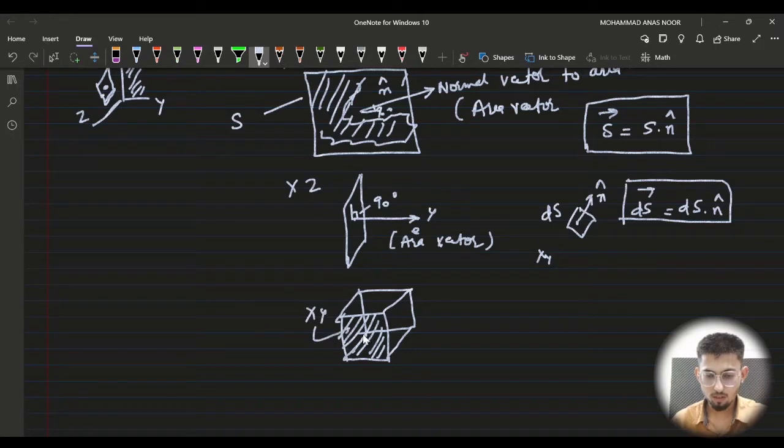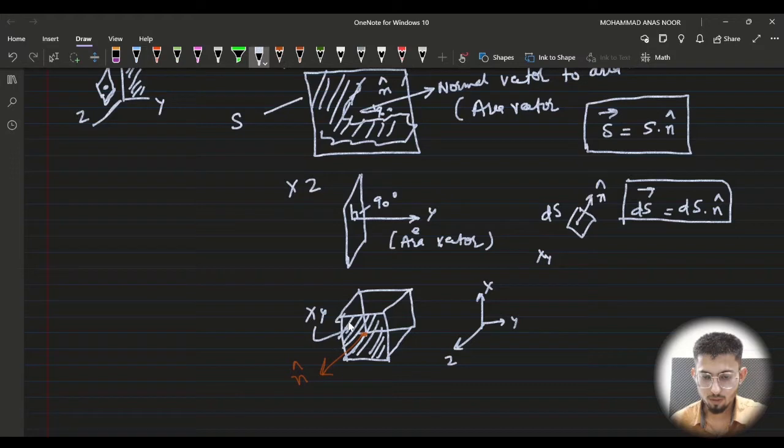So the normal to it will be z cap, like this, right? Oh wait, it won't be z cap. This is z, so x, y, z. Cannot draw it, so we have to zoom it. So this is z, right?